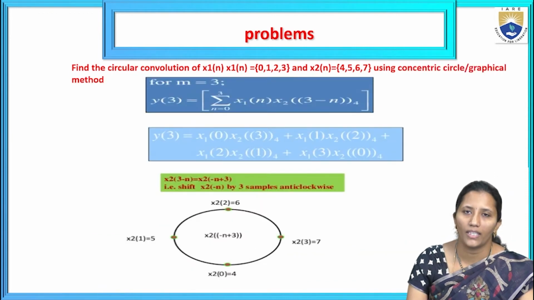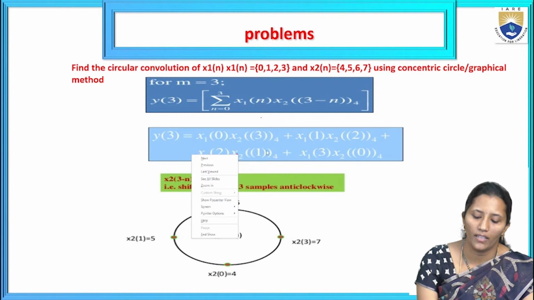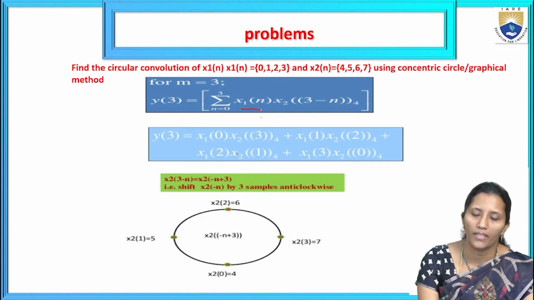For m is equal to 3, same, we have to substitute in the formula and expand that formula. Here the x1 of n series is multiplied with x2 of 3 minus n. That x2 of minus n should be rotated by 3 samples in the anti-clockwise direction here. So this is x2 of minus n plus 3. We have 4 here for x2 of minus n.